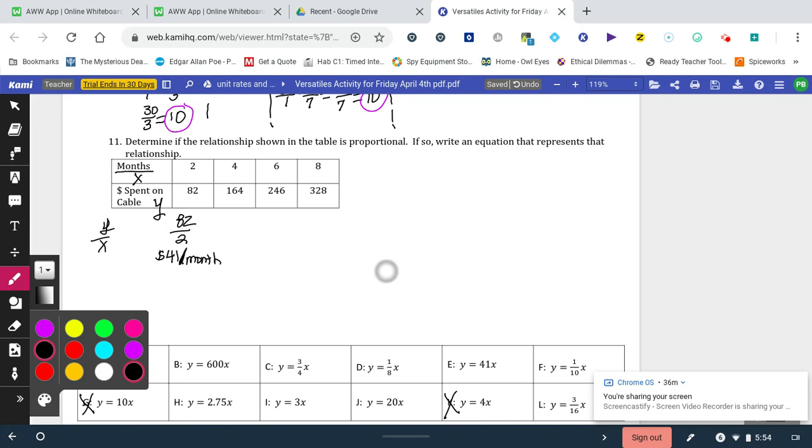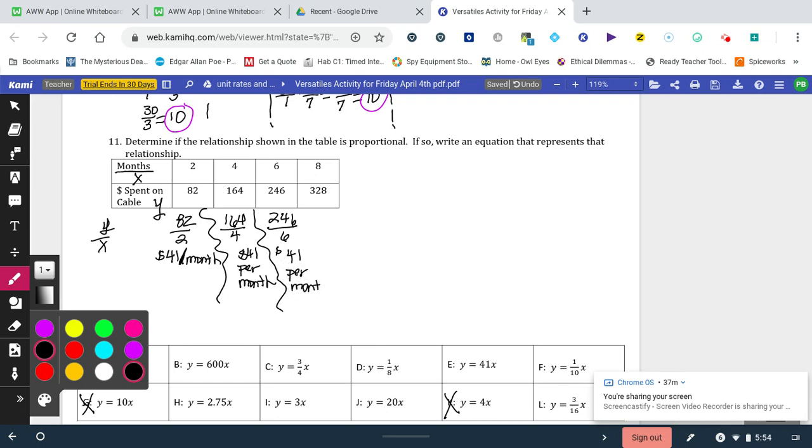All right, here you have 164 divided by 4. It also ends up being $41 per month. All right, here you're going to have $246 divided by 6 months. It's also going to end up being $41 per month.